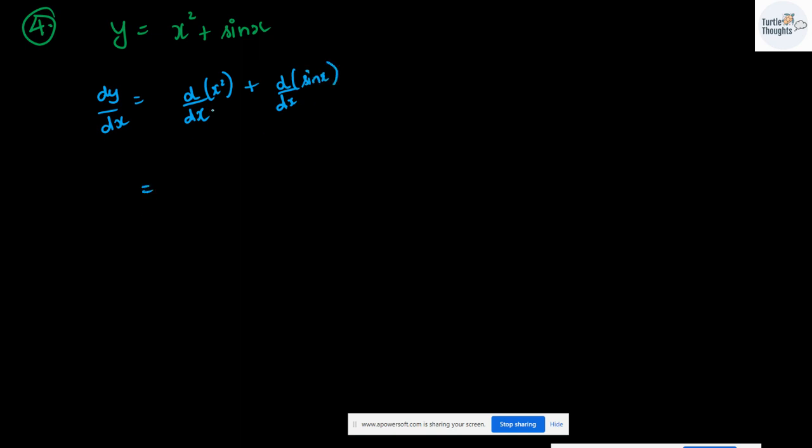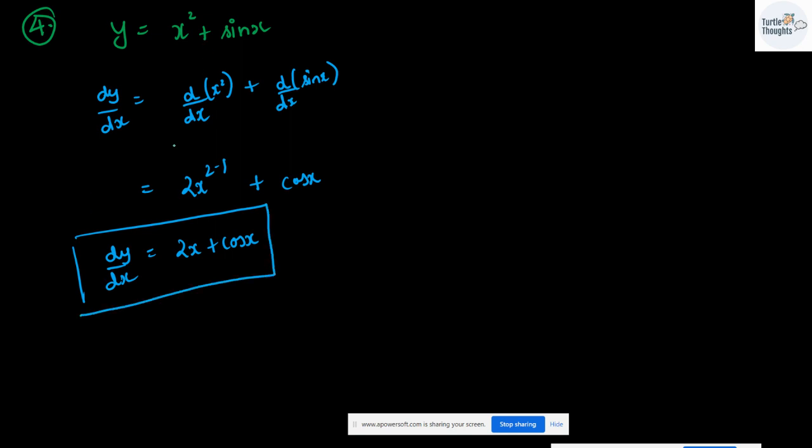The differential of x squared can be found using the power formula. It is going to be 2x^(2-1), and the differential of sine x is going to be cos x. I can write dy by dx as 2x plus cos x.